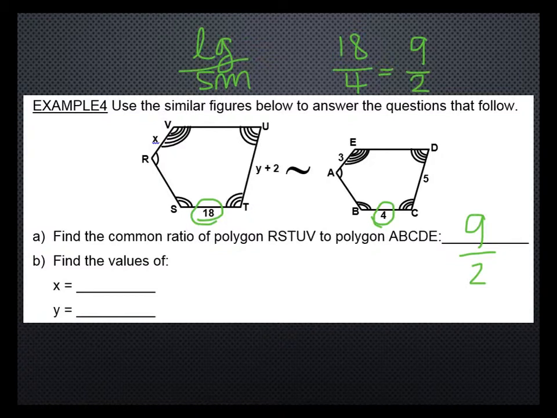Now it asks us to find the values of x and y. We have to write our proportions. Start with your common ratio, 9 over 2. Let's find x first. RV corresponds to AE. Remember, we're doing large over small, so it's going to be x over 3.